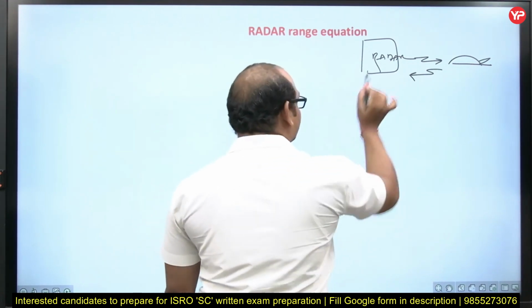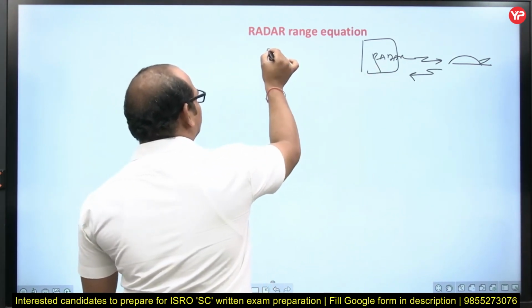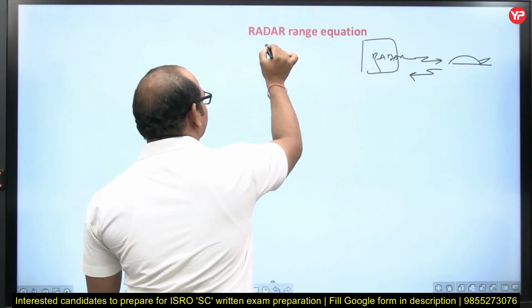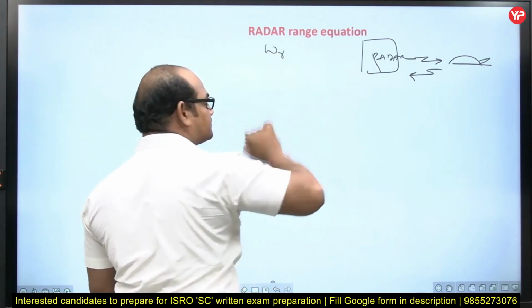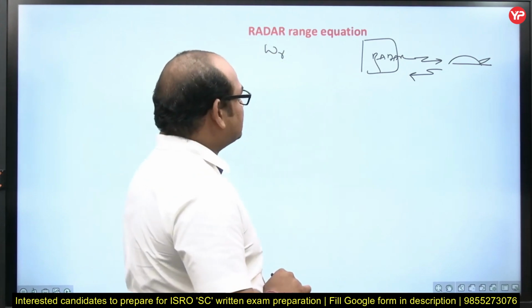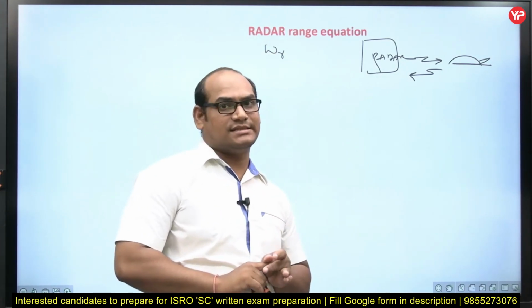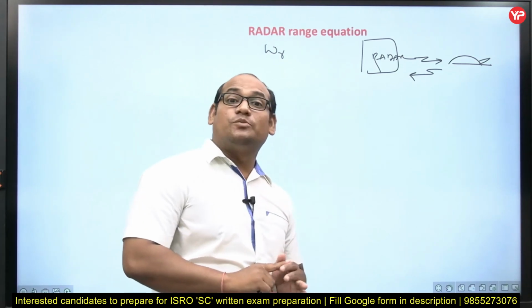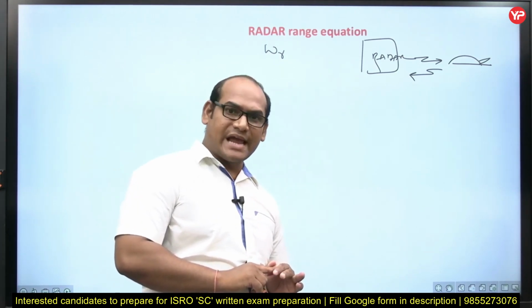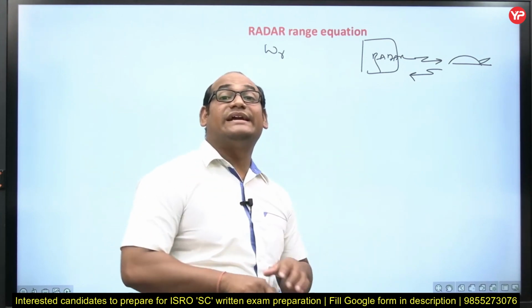Here the transmitting antenna is there. The transmitting antenna has the radiated power, that is WR. But in free space we are talking with respect to densities. You assume it is an isotropic radiator, isotropic antenna, so in all directions it will radiate equally.